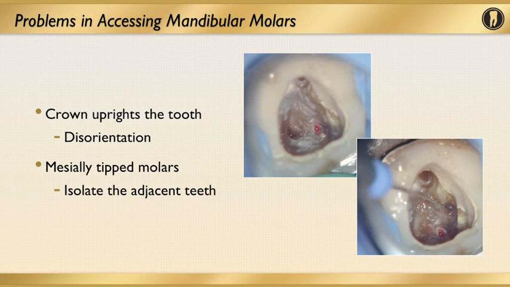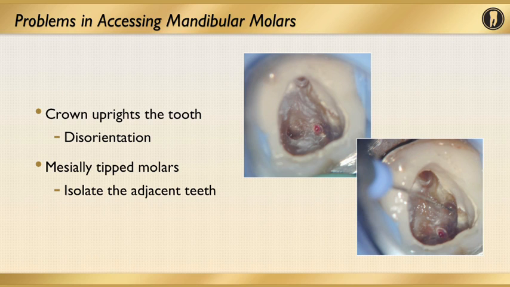Lack of attention to detail and lack of visualization, radiographically, through palpation orally, and through isolation of the complete system with the rubber dam, can lead to disorientation and, in worst cases, as in the picture at the top right, you notice that the red dot is not the canal space. That is an iatrogenic perforation through lack of understanding and too mesial of a canal access preparation.